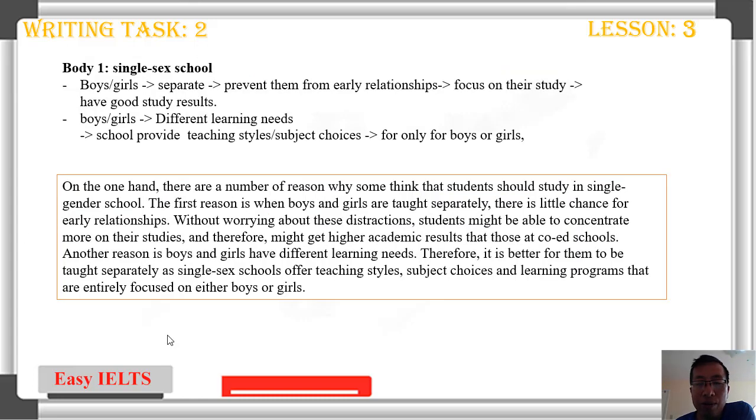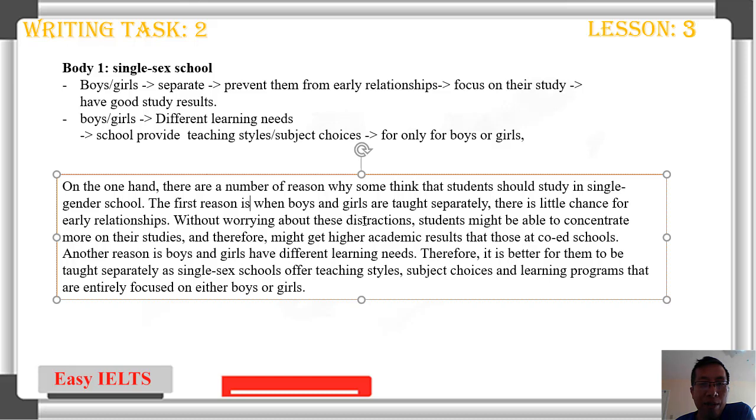Okay, now we start writing Body 1. To start with, on the one hand, there are a number of reasons why some people think that students should study in single-gender school. The first reason is, when boys and girls are taught separately, there is little chance for early relationships.